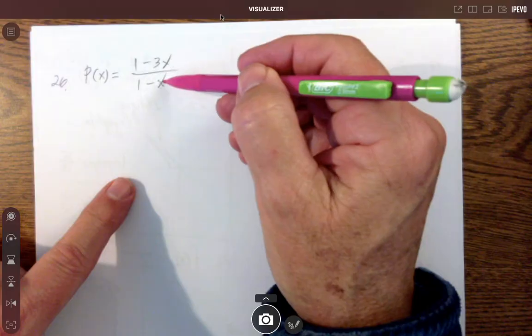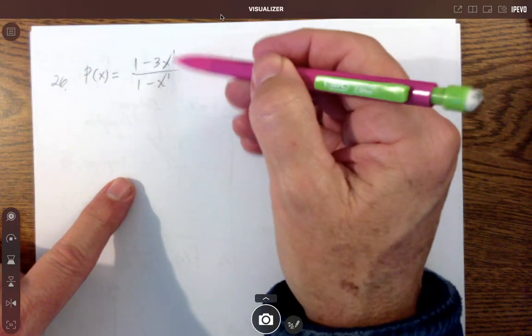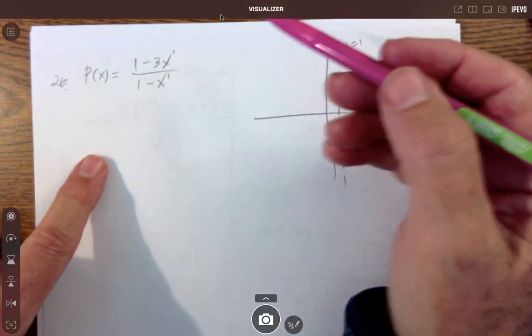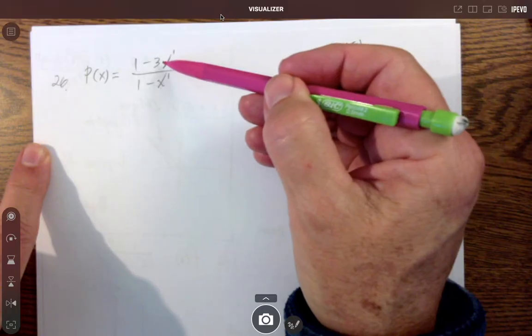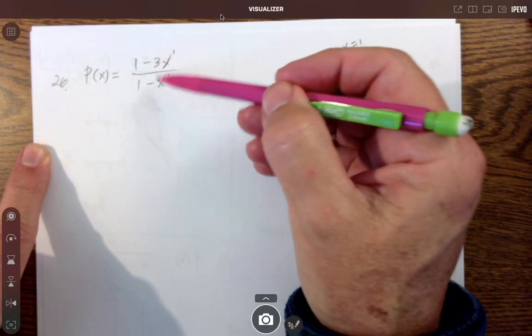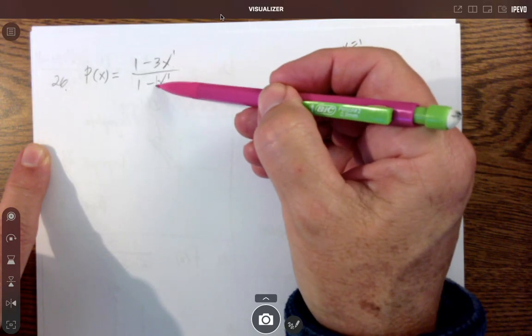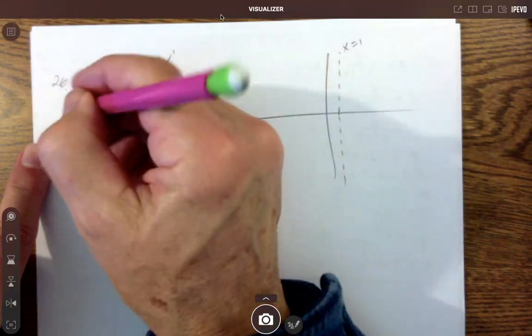This isn't exactly proper because the degree of the numerator is 1 and the degree of the denominator is 1. Since they're the same, to find the horizontal asymptote you just put this leading coefficient over this leading coefficient. Now these are both negative, so negative 3 over negative 1 gives you 3.